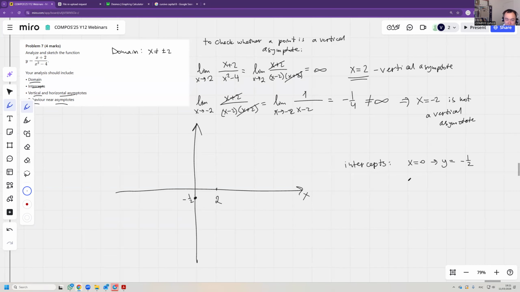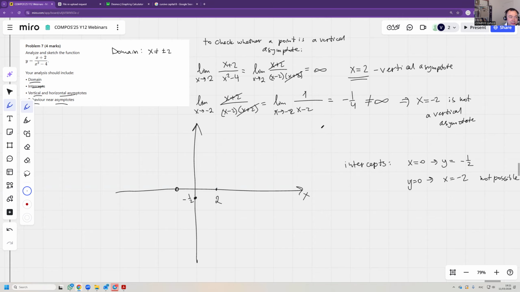And then if y is 0, then x is -2. But -2 is not in the domain. Not possible. But it is a point of, we call it discontinuity.